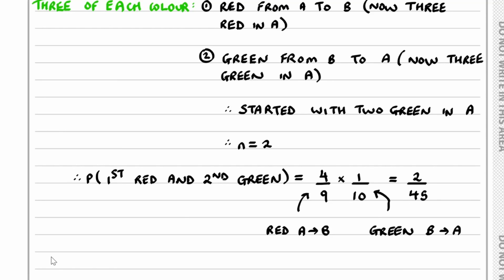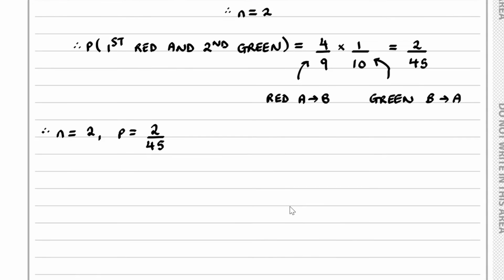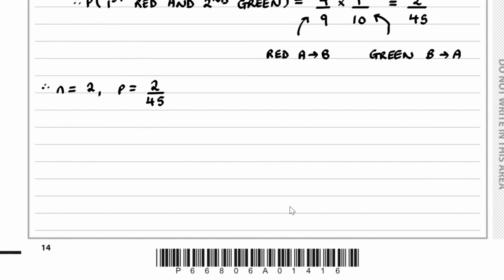Okay, so what does that mean? It means n equals 2 and p equals 2 over 45. So that's one option, and the second option was when we had 4 of each colour. So let's just write all those instructions down.